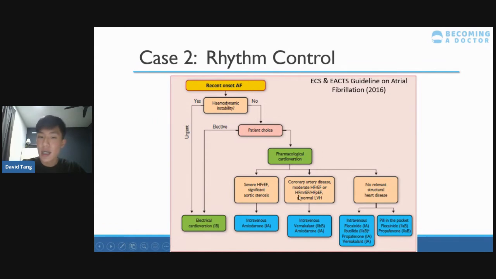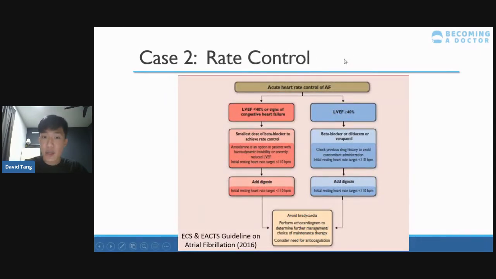In some other conditions where we need to convert the patient using medications, the following decision tree will significantly decide which treatment is best. In terms of rate control, we've spoken about the different choices, such as non-dihydropyridine calcium channel blockers, beta blockers, and digoxin, each of which has its own side effects.